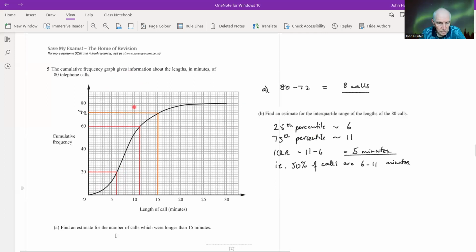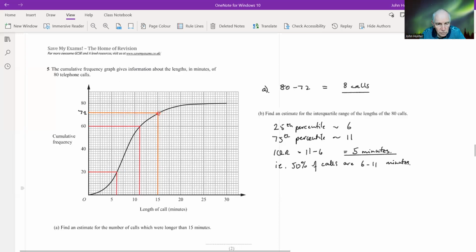Okay, so what is it asking us? It says find an estimate for the number of calls that were longer than 15 minutes. Right, so if we mark on 15 minutes here, take that up to the cumulative frequency graph.